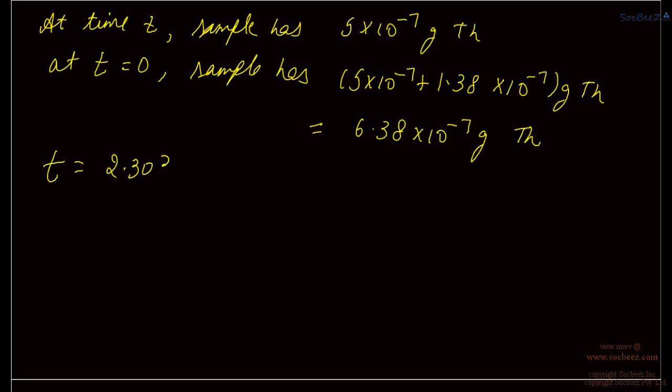Okay, so from here the value of T equals 2.303 upon K log n naught upon nt, since we know it from the rate equation of radioactivity.